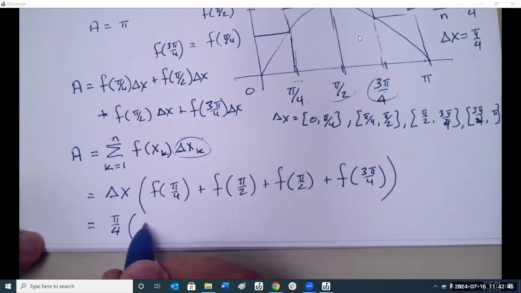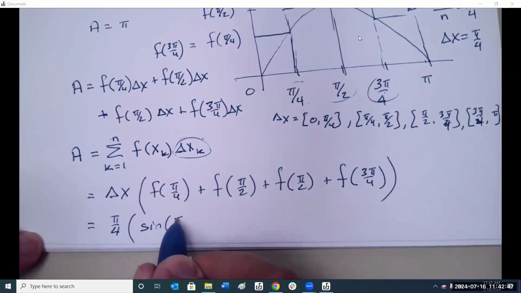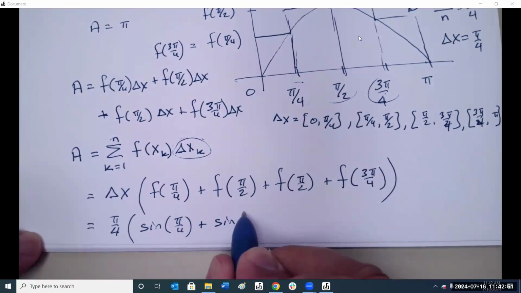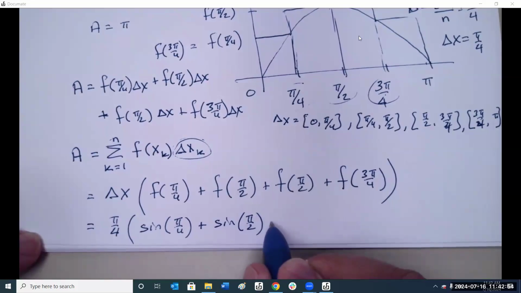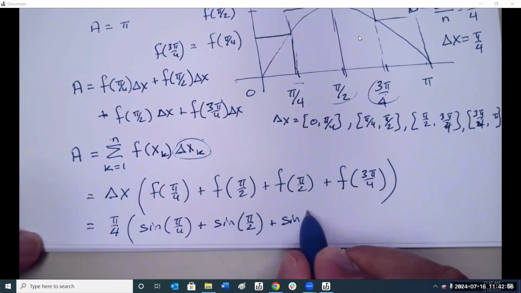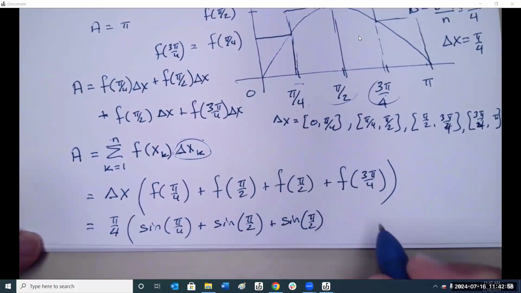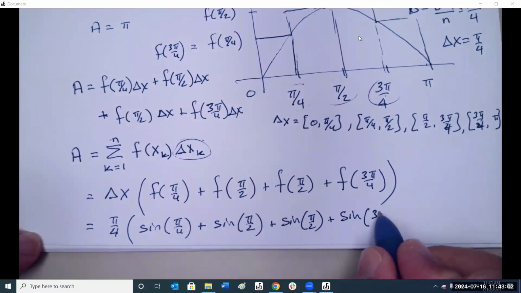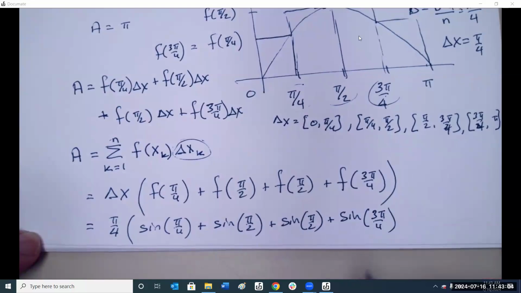So the first one, we have sine of pi over 4 plus sine of pi over 2 plus sine of pi over 2 plus sine of 3 pi over 4.